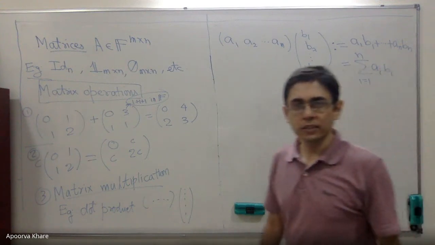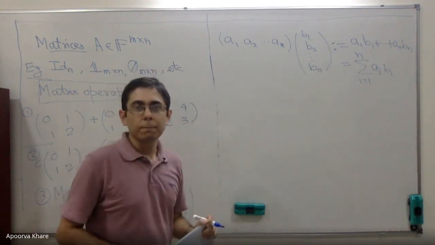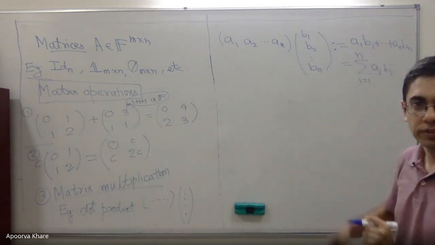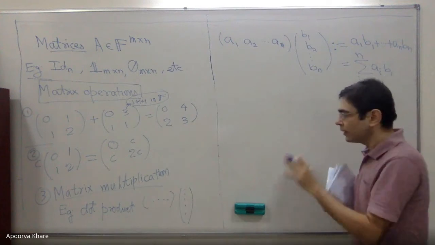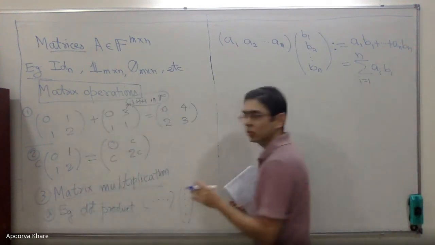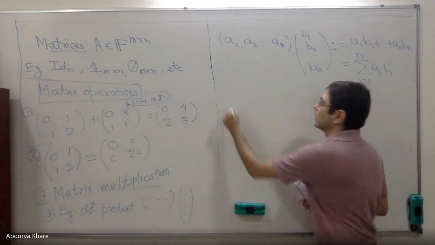This is the definition of a product of a row vector and a column vector. The point is, this is enough. If you know this definition, then you know the entire matrix multiplication.